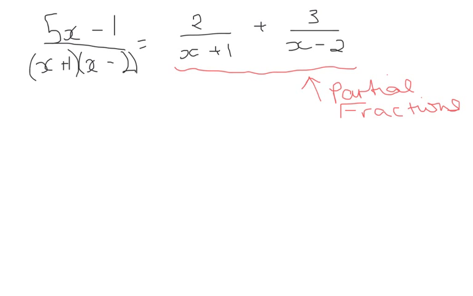In the previous slide, we began with the partial fractions and added them up using a common denominator to give the left hand side. So what we're going to be doing is taking something which is a fraction such as this and breaking it down into two or more partial fractions.